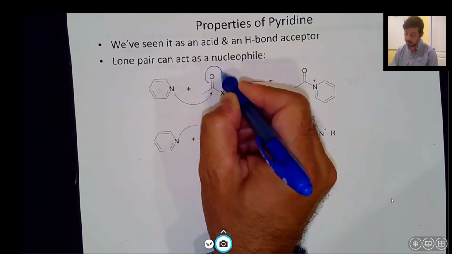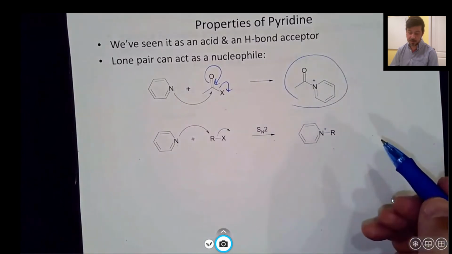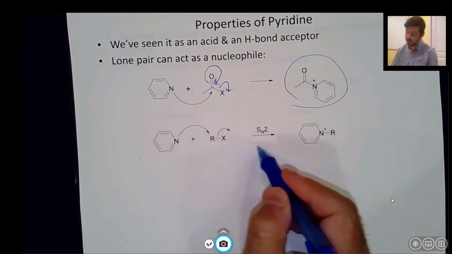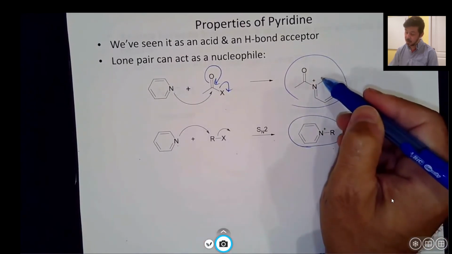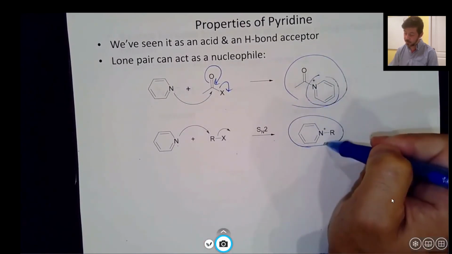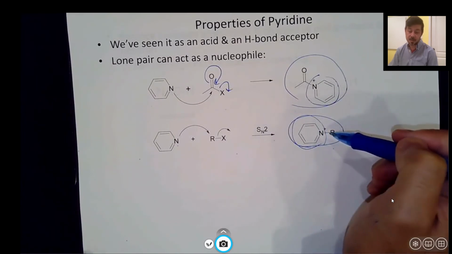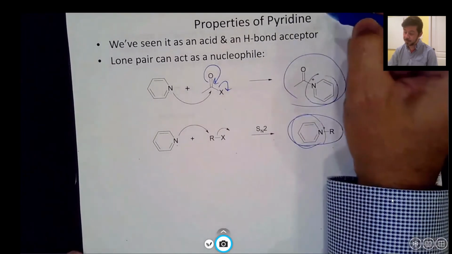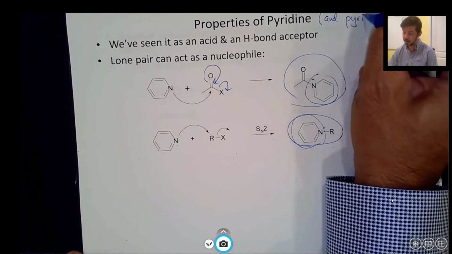Electrons can come up, and then you can lose your leaving group to generate these intermediates here. And pyridine can also undergo these types of substitution reactions. What's nice is that you have a good leaving group attached to these, but it's still fairly stable because it is aromatic.